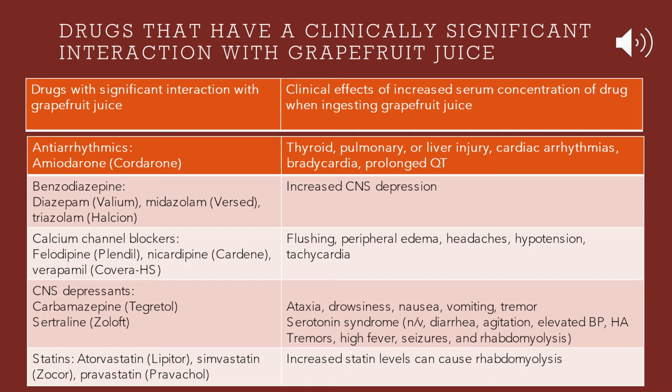With Tegretol, you'll see ataxia, drowsiness, nausea, vomiting, tremors. With sertraline, that's Zoloft, you'll see serotonin syndrome, and the side effects are listed here: nausea, vomiting, diarrhea, agitation, increased blood pressure, headaches, tremors, high fever, seizures, and rhabdomyolysis.